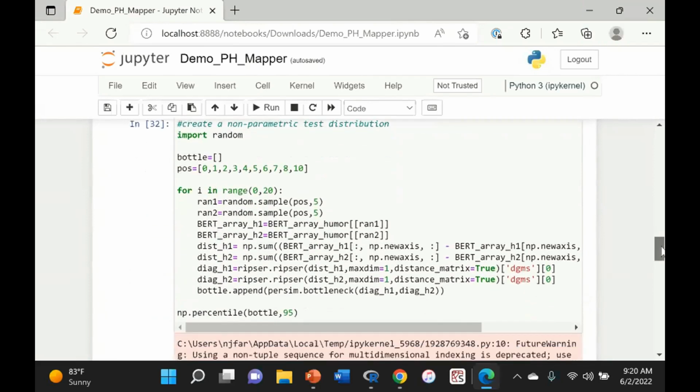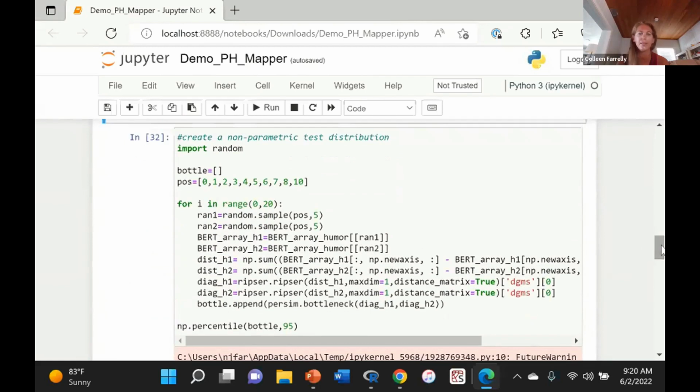So we can create a non-parametric test to look at the expected distances under a null distribution. So we can sample our poems from our humorous set of poems. So we have 10 poems in there, and we can run this code several times to get a distribution of scores.